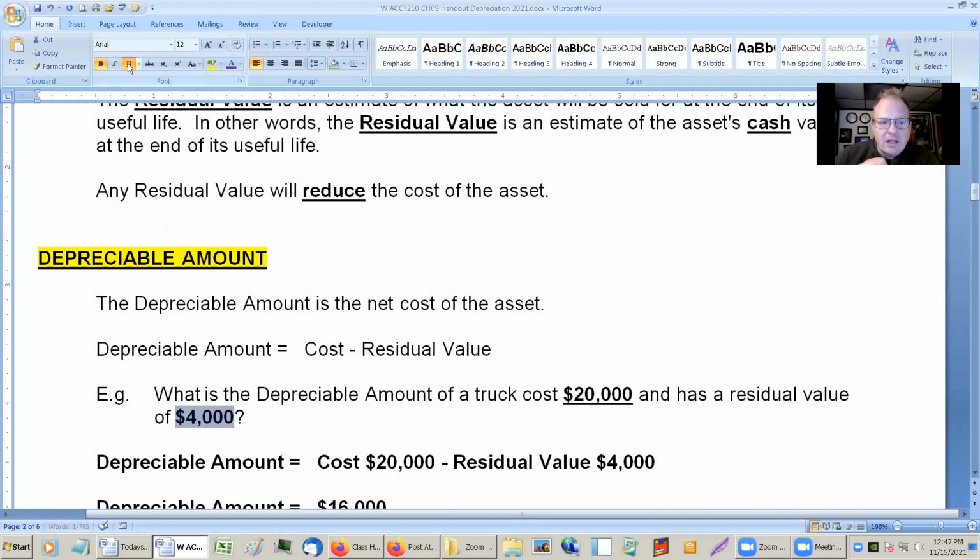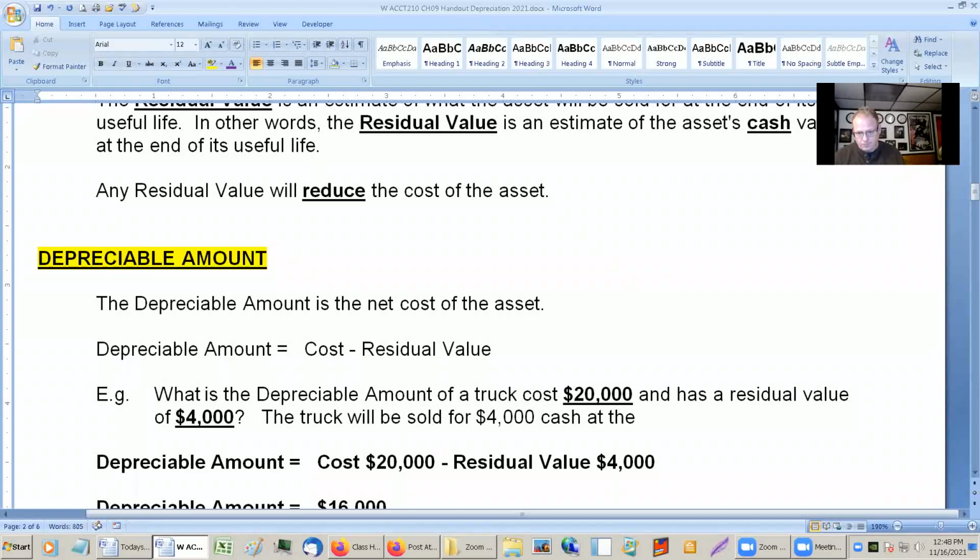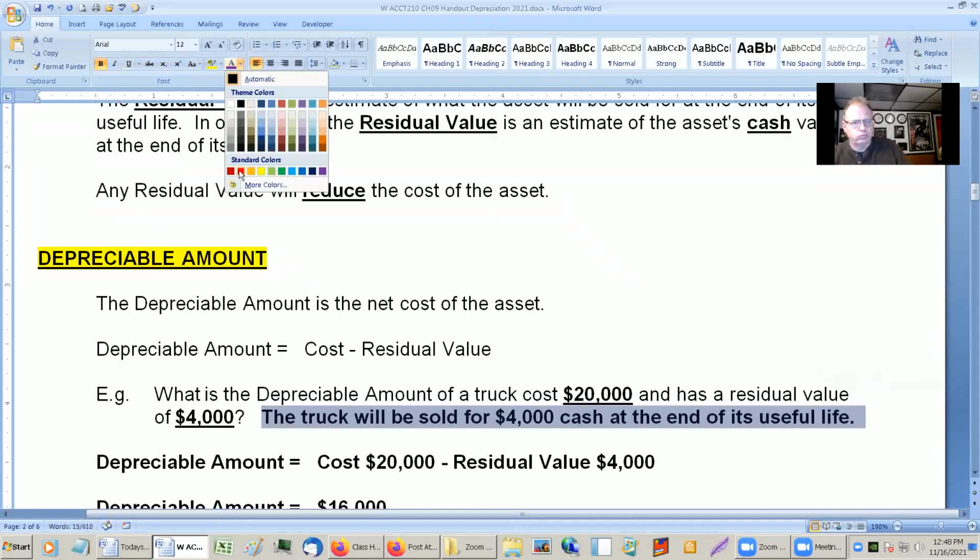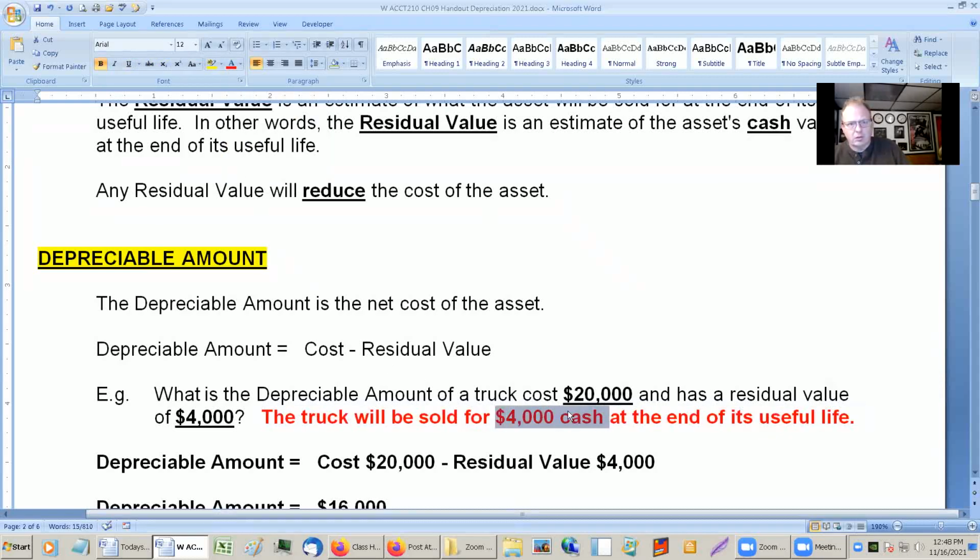So in other words, at the end of its life, we're going to get $4,000 back. So even though we're paying out 20,000, we're going to get 4,000 of it back.